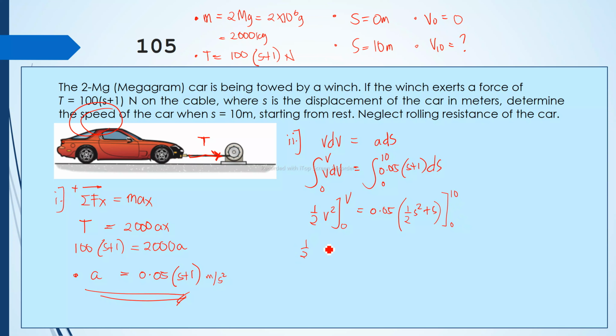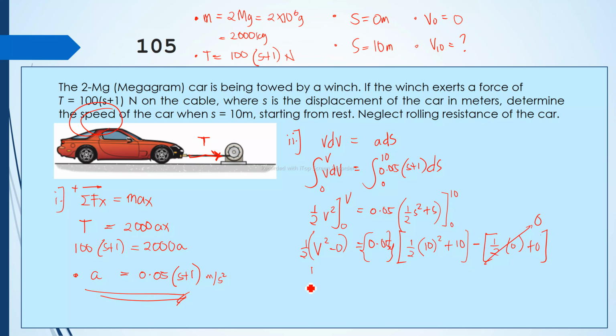So we have one half v squared minus 0 equal to 0.05 times one half times 10 squared plus 10, minus one half times 0 plus 0, which of course is automatically 0.